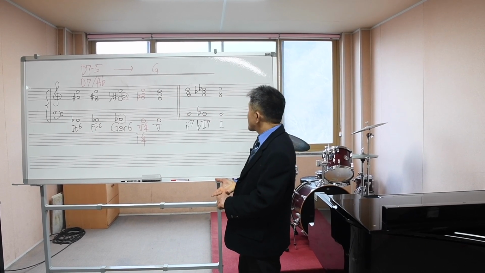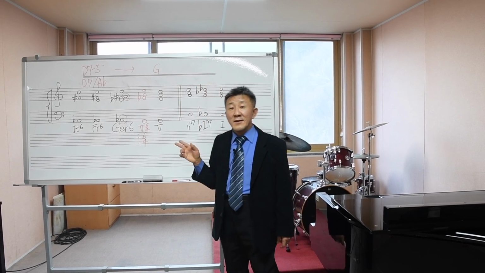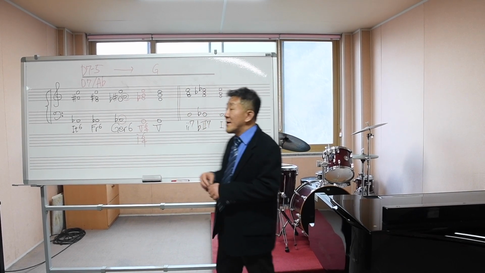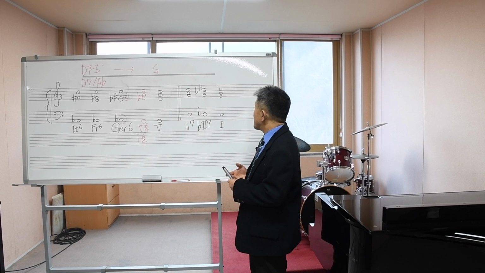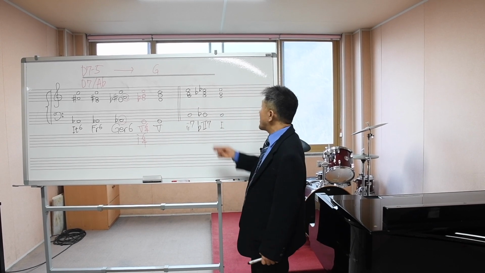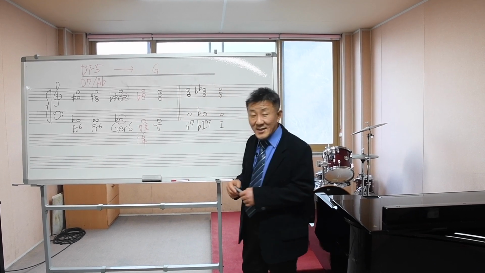Now, some people will argue that C flat is not the same as B natural. But in jazz in particular, and in contemporary music in general, this does function as a leading tone.